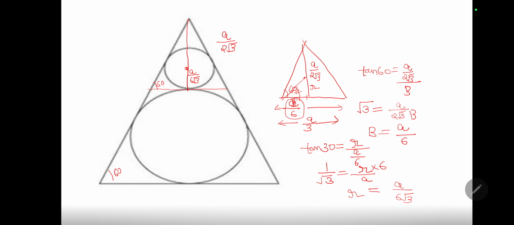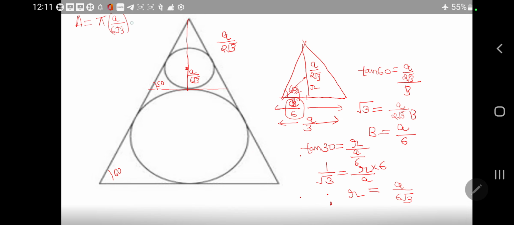Okay, so I can find out the area of the upper smaller circle. So area of the smaller circle is pi r square. Pi, radius is a by 6 root 3, whole square.